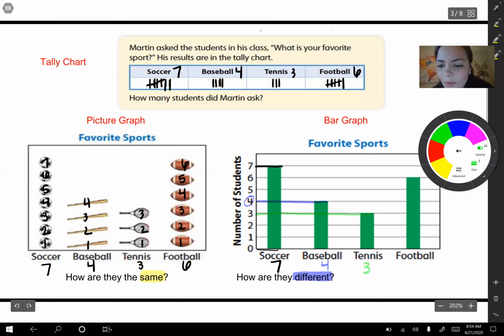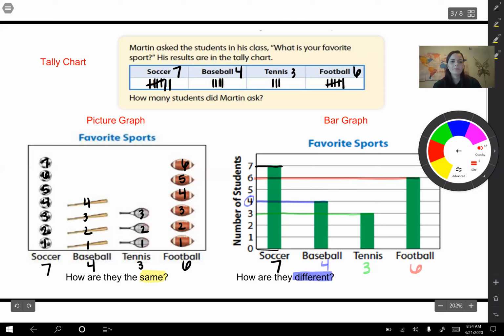And then we've got football. And what's gonna happen if I kind of make my line like that? Am I gonna have the right information? Okay, probably not. We've got to make sure that line is nice and straight. So I'm going to take my line all the way from there and go to there. So football is going to be 6.